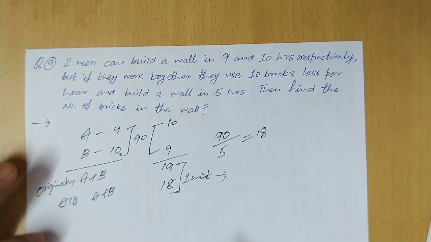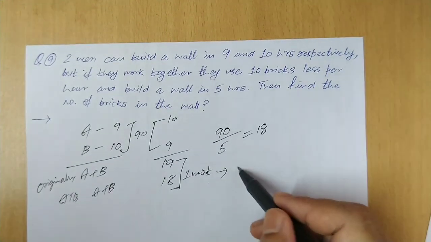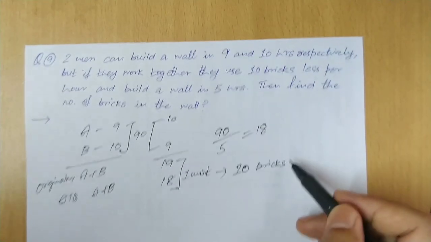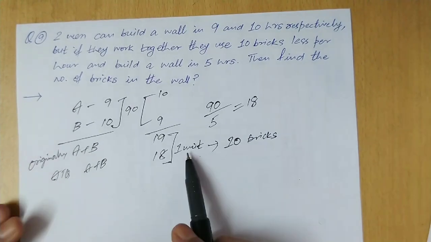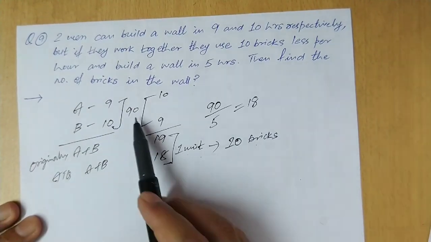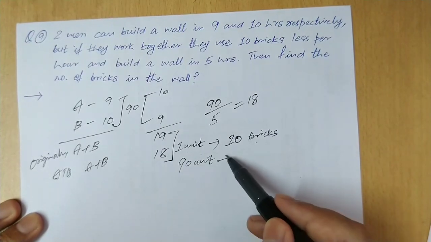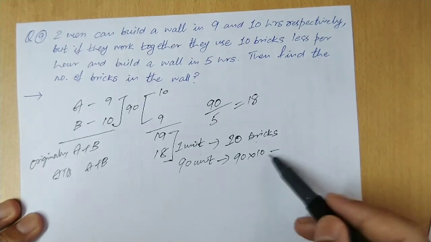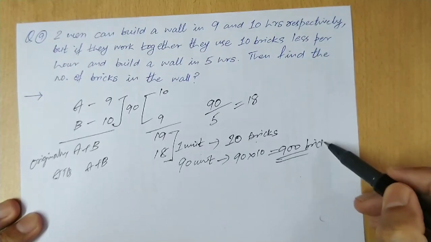Now because their efficiency has gone down, they use 10 bricks less per hour. So 1 unit is representing 10 bricks. So 90 units will represent how much? 90 units will represent 900. 90 into 10 is equal to 900 bricks. So 900 bricks is our answer.